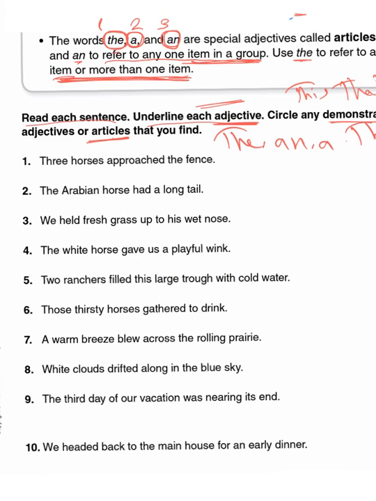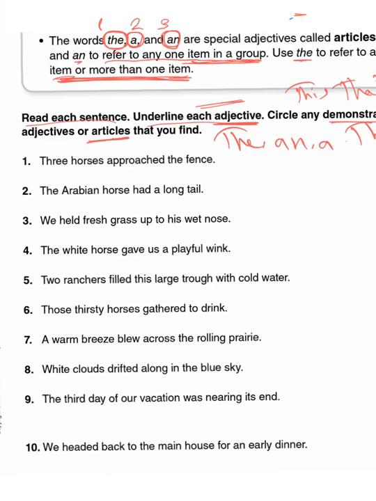First sentence says, 3 horses approached the fence. Now, after you hear this sentence, you may ask, how many horses? Then the one who said the sentence will repeat and say 3. So where is the adjective that told me how many horses there are? It's 3, and it's an adjective.